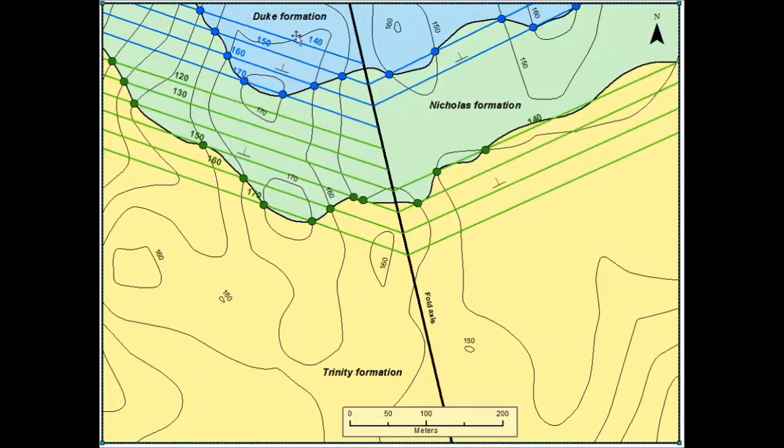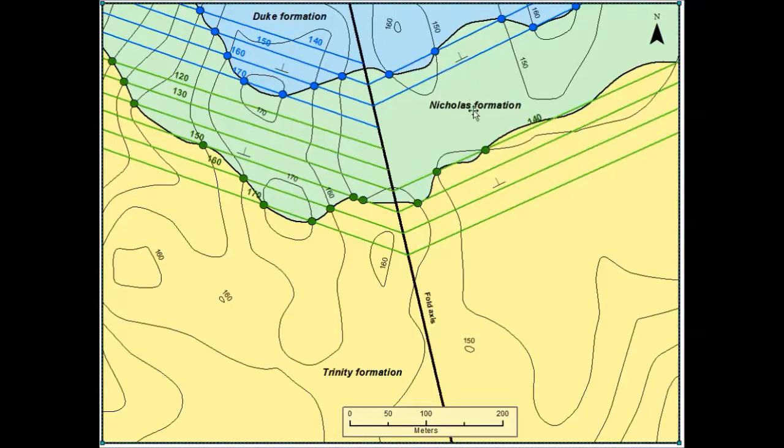So if we look at one of these sets of contours, if our 170 meter contour for this plane is here, and then 160 is there, 150 is there, 140 is there, that tells us that this plane is dipping that way. It's dipping off towards the north of the page. And the same is happening over here. We've got dip to the north. Although they're not quite parallel to each other, and they do kind of dip towards each other a little bit, which is because of the fold.